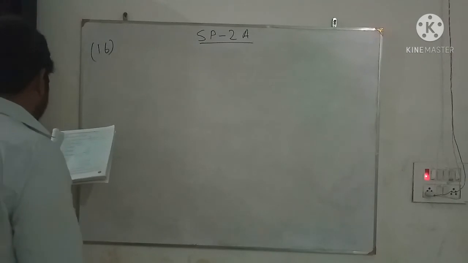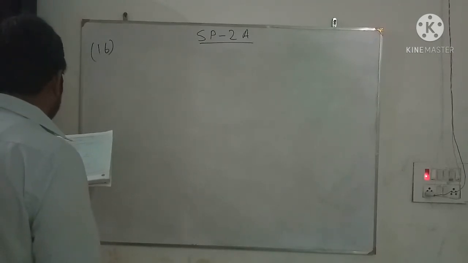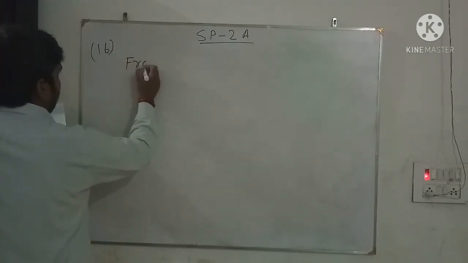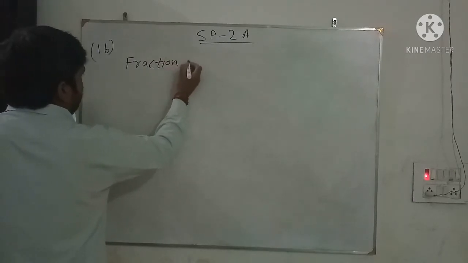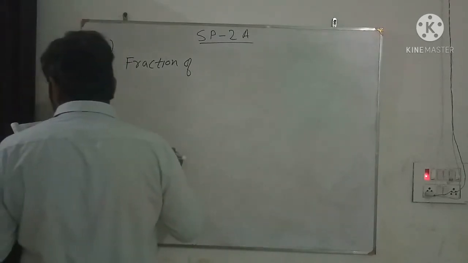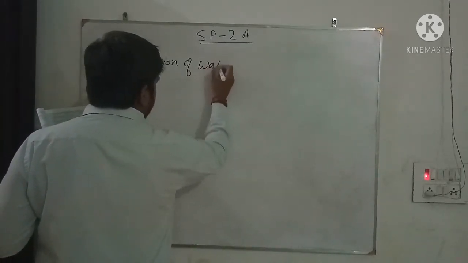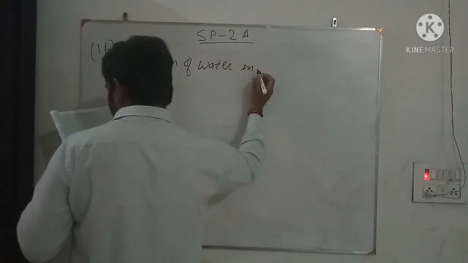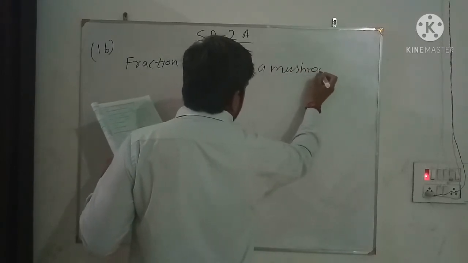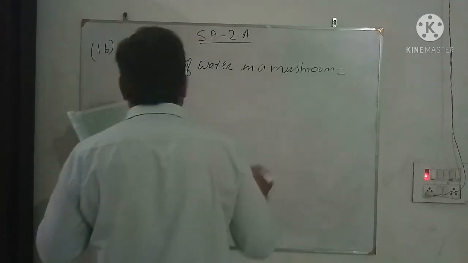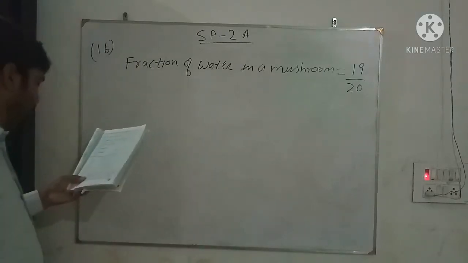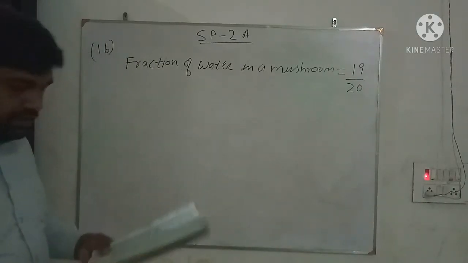The fraction of water in a mushroom is given in the question as 19 by 20. In 20 parts, 19 parts are water. So what fraction of it is solid matter?